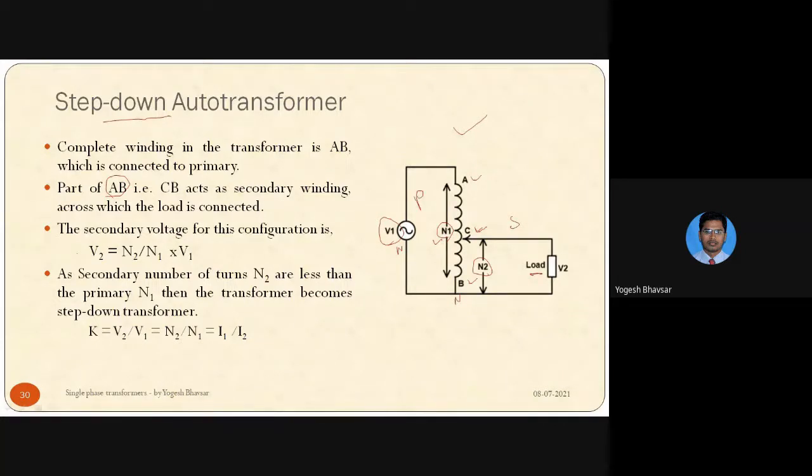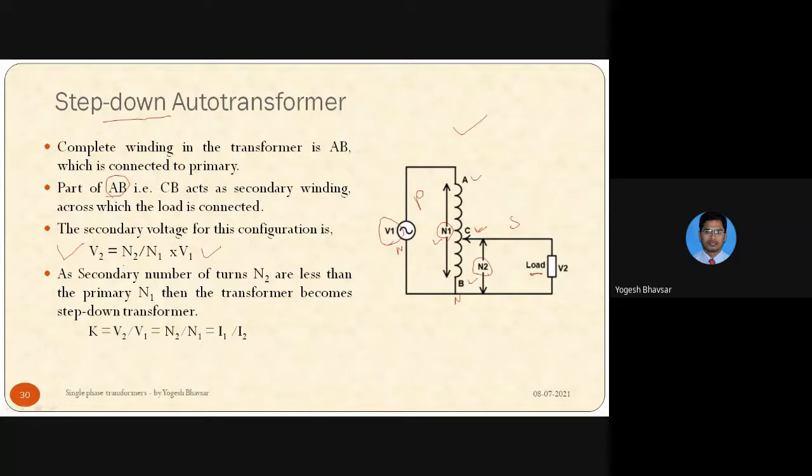Now we have the equations to calculate the secondary voltage. The transformation ratio K is equal to V2 by V1 is equal to N2 by N1, and therefore V2 is equal to N2 by N1 multiplied by V1.